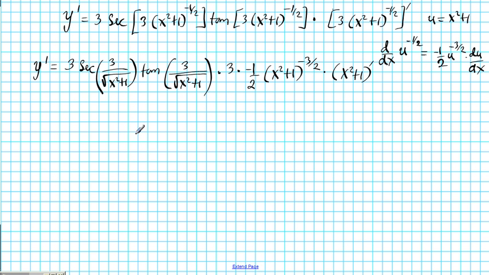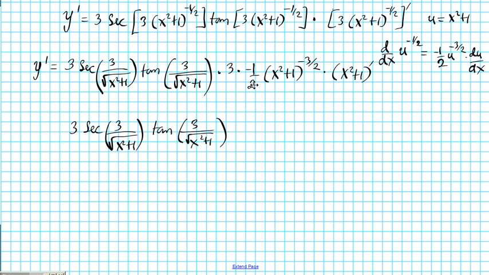Alright, so in this case, this is going to become 3 secant 3 over root x squared plus 1 tan 3 over root x squared plus 1, and then this one is going to be, if you multiply it together, negative 3 over 2.